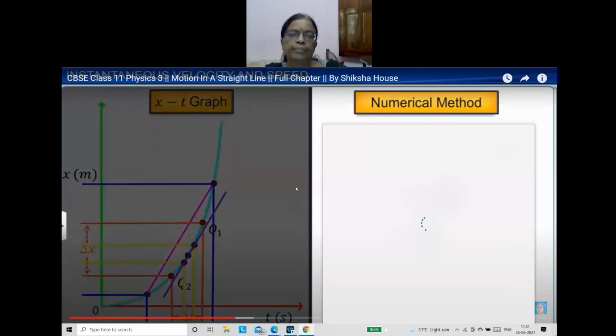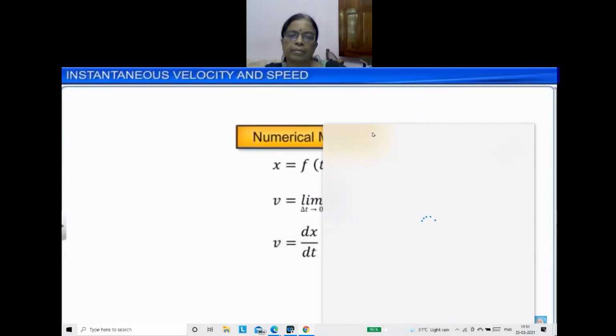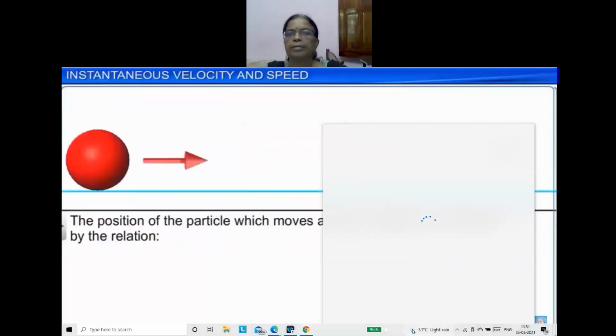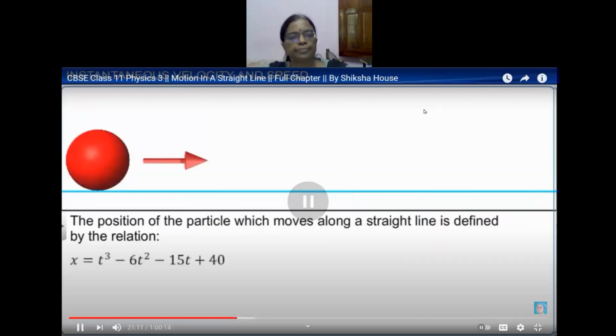For example, the position of a particle that moves along a straight line is defined by the relation x is equal to t cube minus 6t square. Okay, the problem we can do later, children.